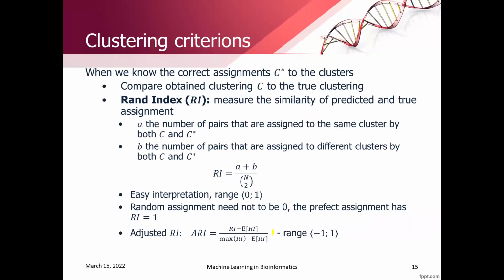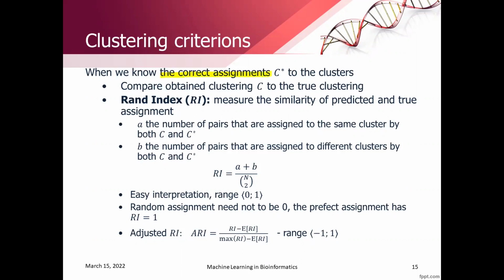And if you look in the scikit-learn library, which we are working with in the labs, there are actually around eight criteria for computing the quality of clustering. There are actually two groups of criteria. One is when we know the correct assignment.